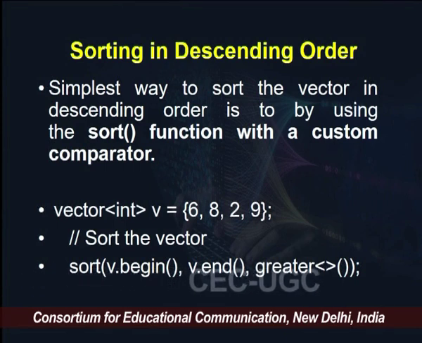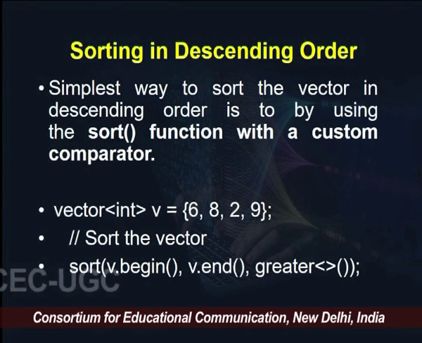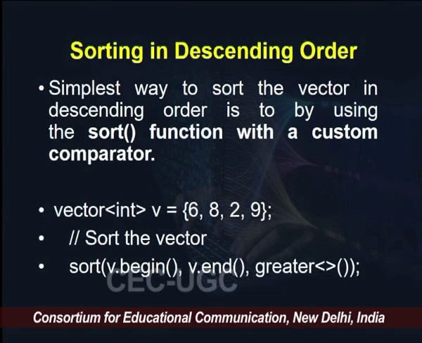If you want the elements arranged in descending order, you need to specify it using a custom comparator, which is named greater, with the sign of less than and greater than, included as a parameter as shown on the screen.